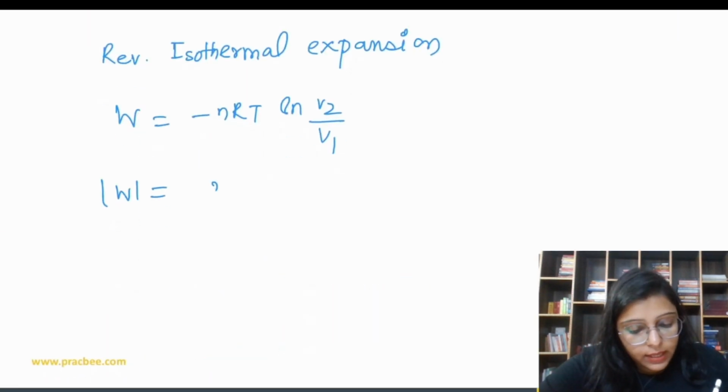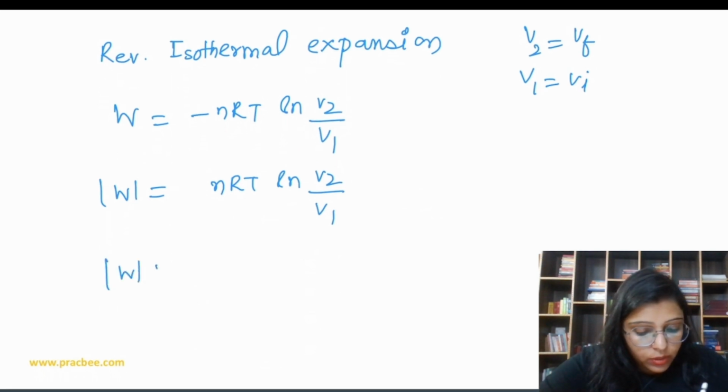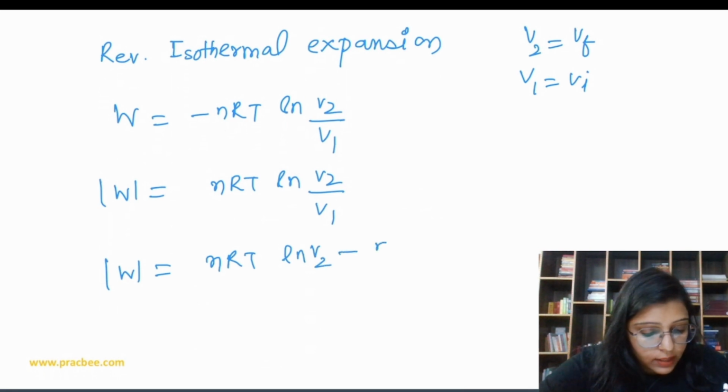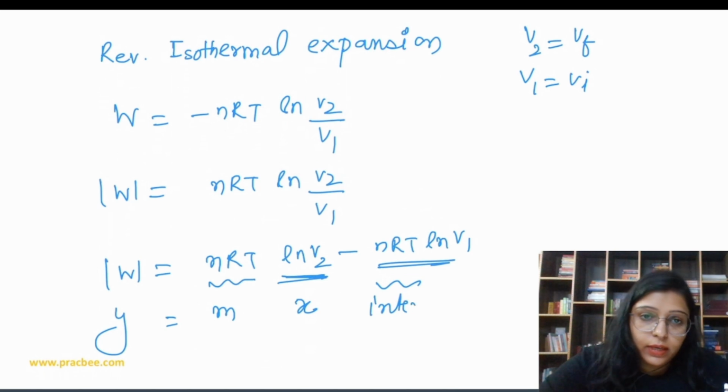Okay, so we can say that this is nRT ln V2 by V1, where V2 is the final volume and V1 is the initial volume. So let's solve. W is equal to nRT ln V2 minus nRT ln V1. So ln V2 is the x, nRT is the slope, and this is going to be the intercept, right?